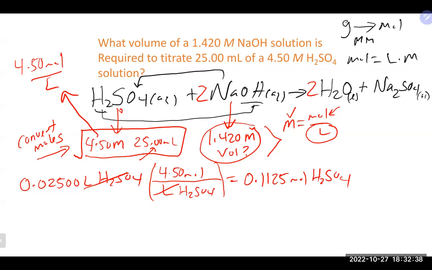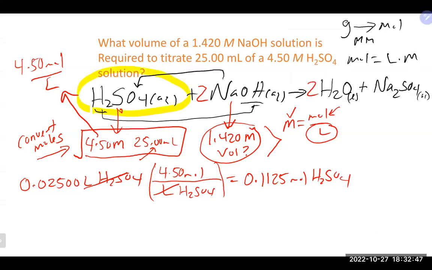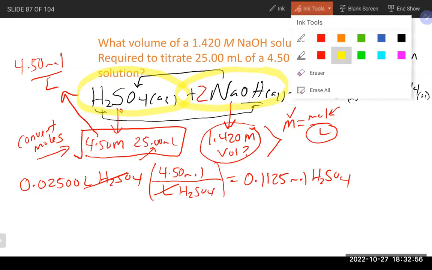The next thing is the mole to mole relationship. So in this case, we are given information about this one, but ultimately we want to get over here to the sodium hydroxide. So we're going to do our mole to mole relationship like we talked about with stoichiometry.